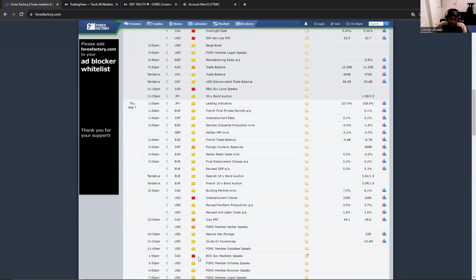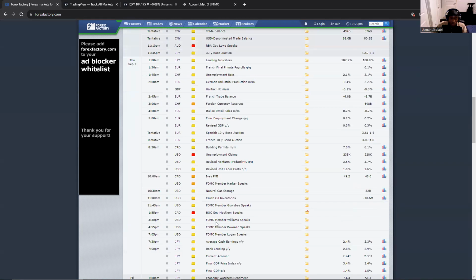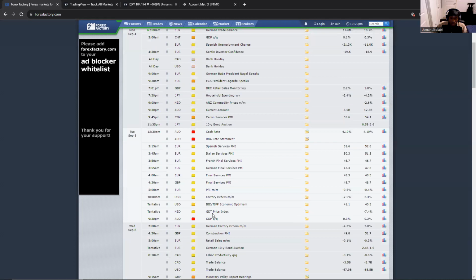Unemployment claims on Thursday. So as far as USD related news goes, nothing too major to our knowledge. So it seems like it's a pretty technical analysis week as far as the markets go, right? So a lot of technical analysis plays potentially, right? So Sunday, just have to see how the market starts to play out.